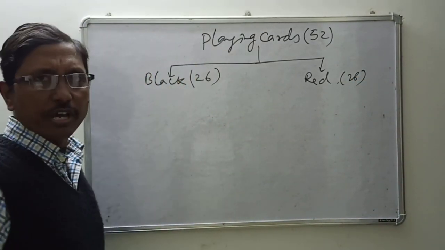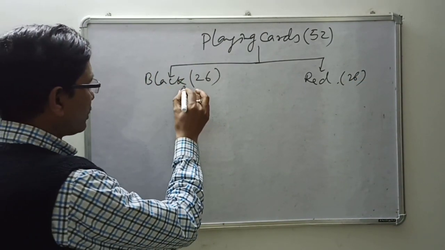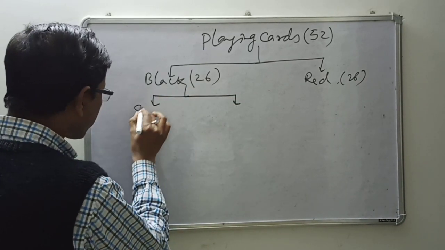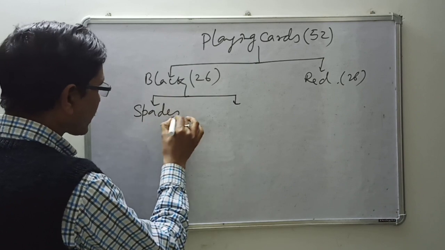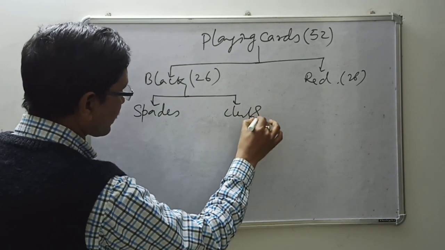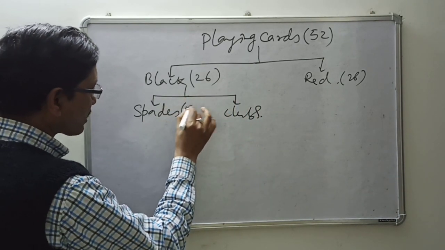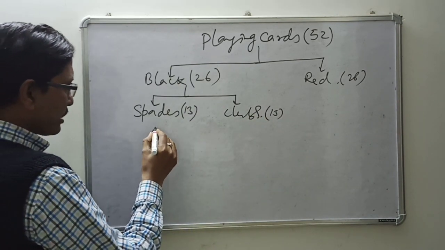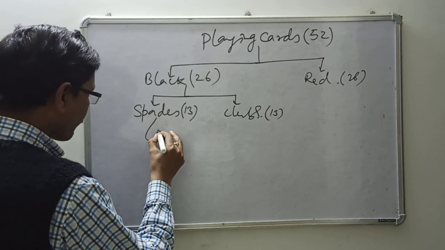In the black also you have two types of cards: the spades and clubs. Spades are 13, clubs also 13.